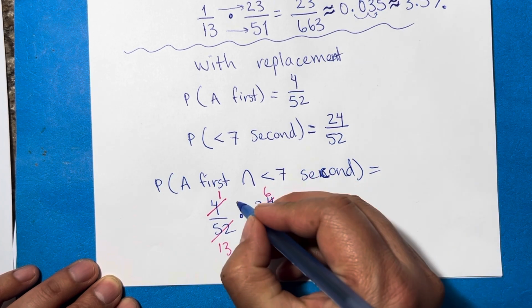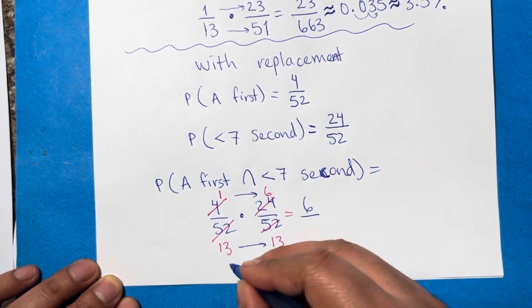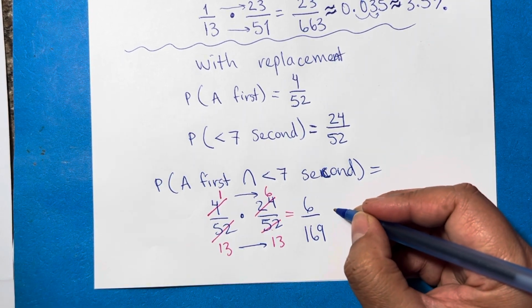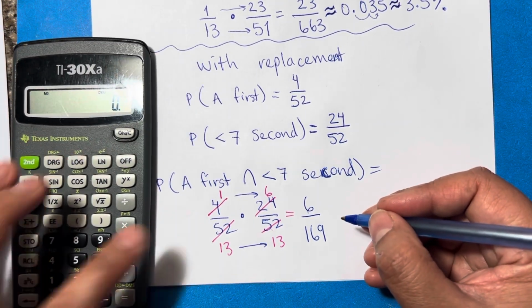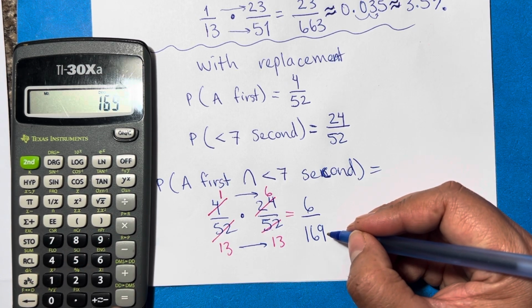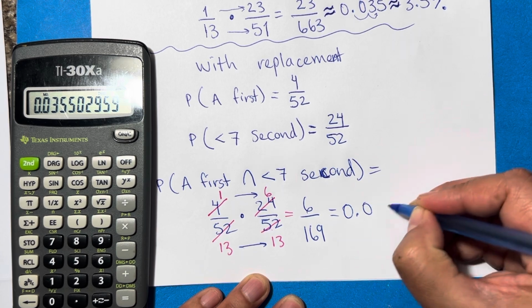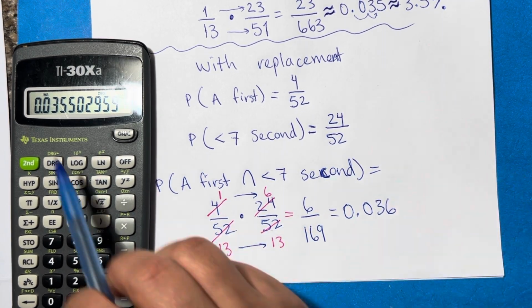Now we can multiply straight. 1 times 6 is 6. 13 times 13 is 169. And when we divide, I can barely see, 6 divided by 169 equals 0.036. Why 6?